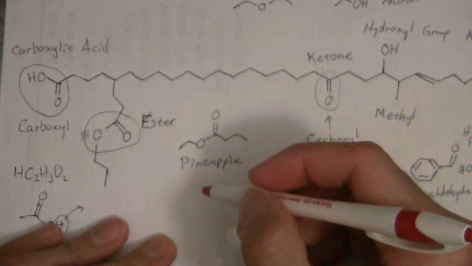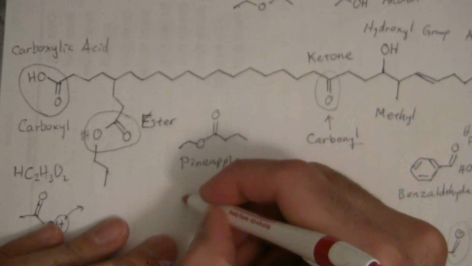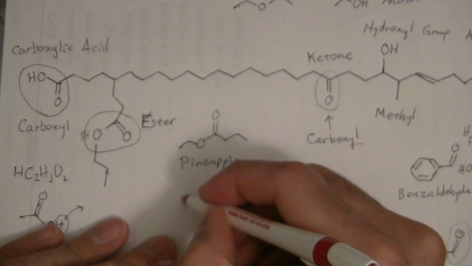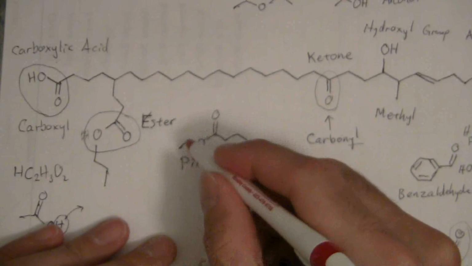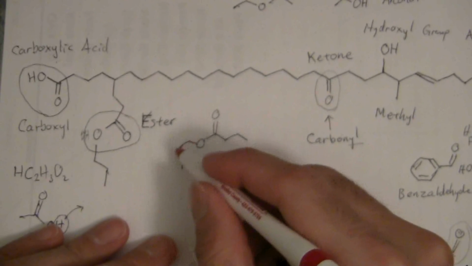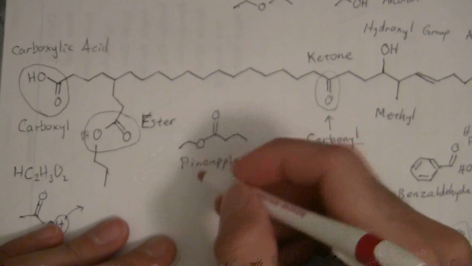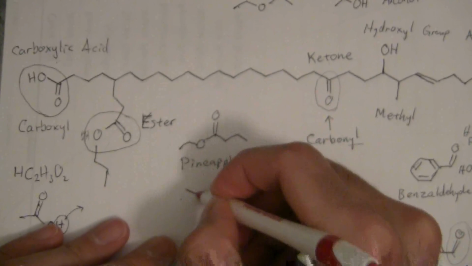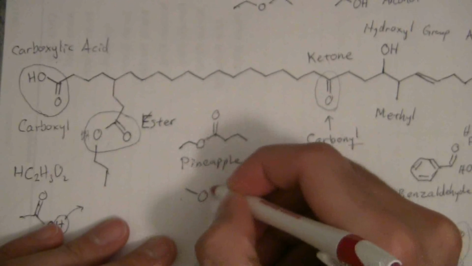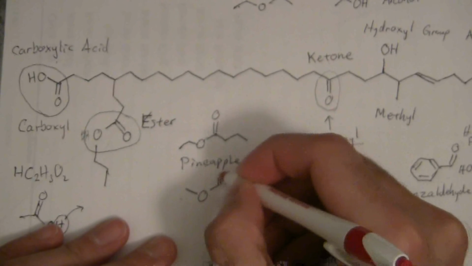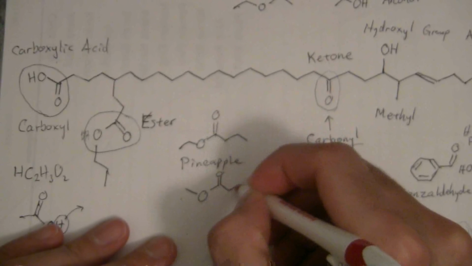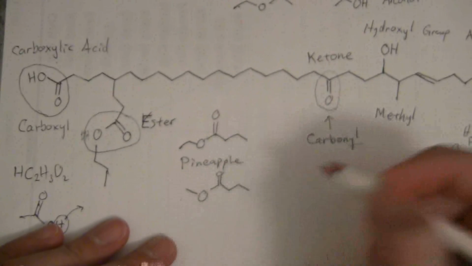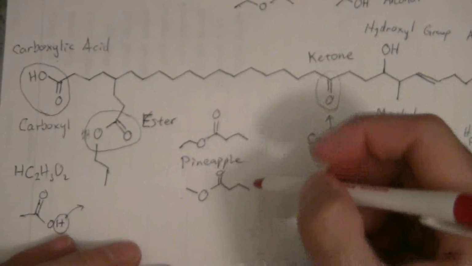Another one is methyl butanoate. So instead of having 2 carbons over here, I have just 1 carbon forming a methyl group, but still having my 4 carbons on this side.